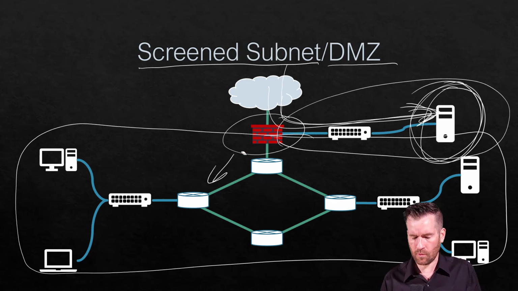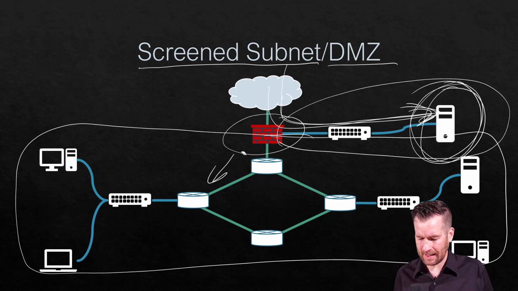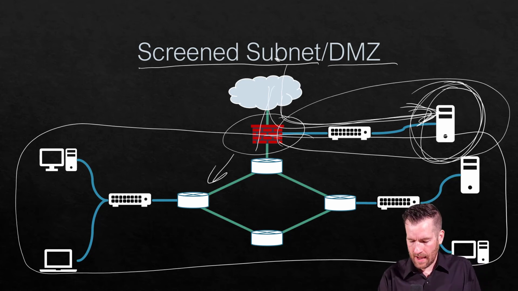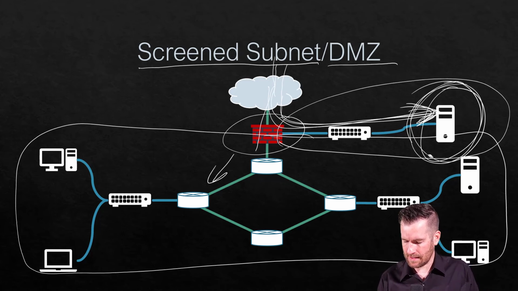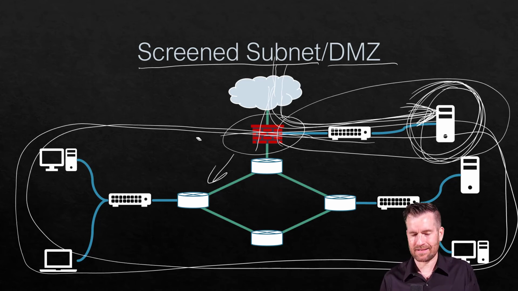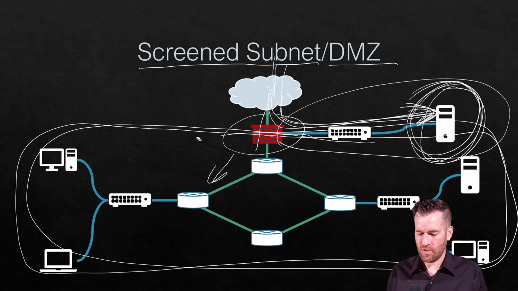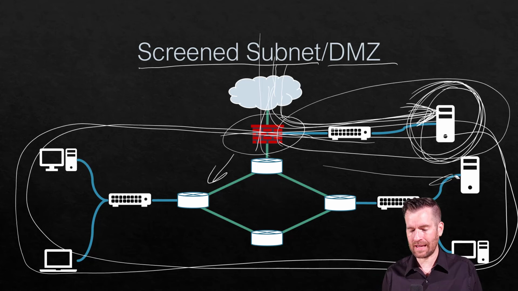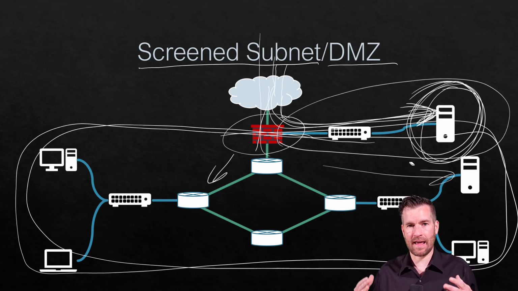So our internal network, where all of our employees are sitting, never has to be open to the outside world. And so therefore, users can access the screened network, and the resources are in the screened network, and then our employees sit back here and access the resources they need, and those resources are not open to the outside world, and no one can get from the outside world into our more secure network.